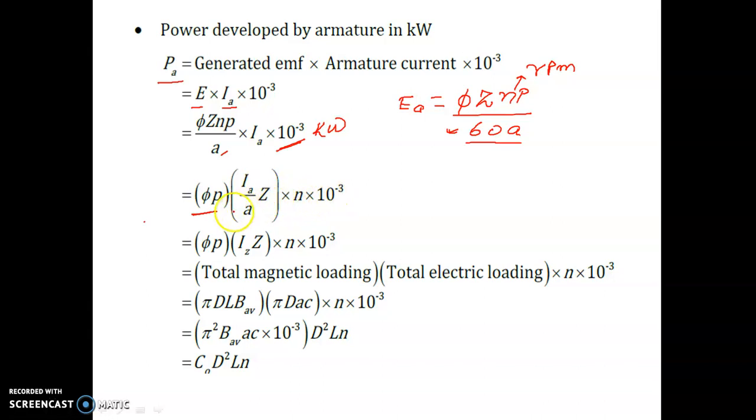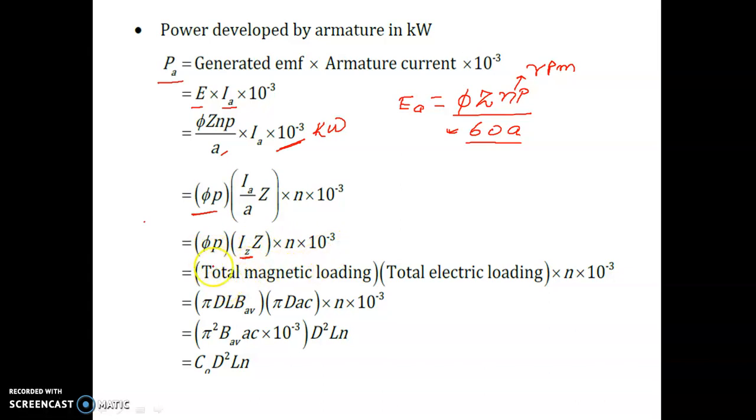So this is current per parallel path, which we have written as Iz. In the previous slide we have taken the nomenclature: current per parallel path is denoted by Iz, and Z is the number of conductors. So this is multiplied by Z into n into 10 to the power minus 3.